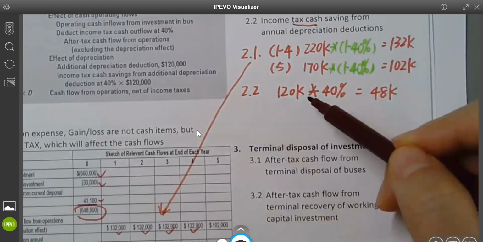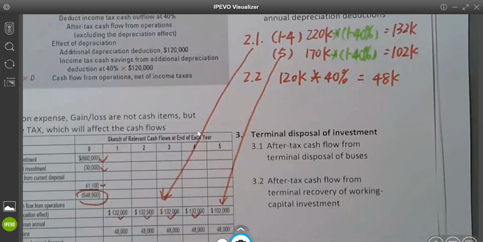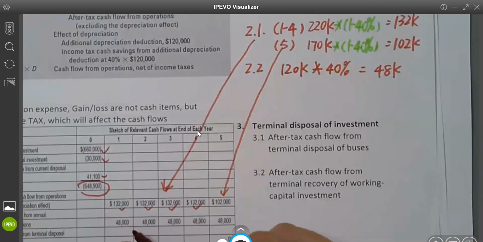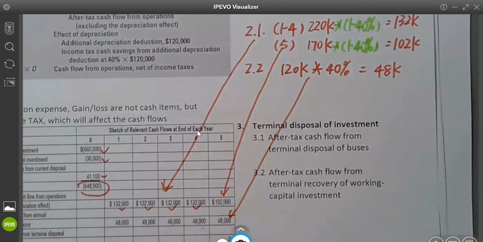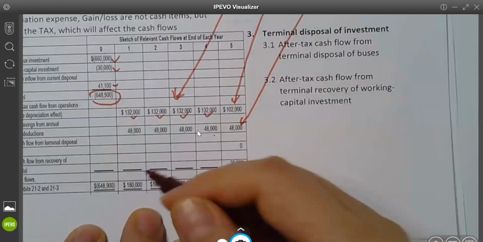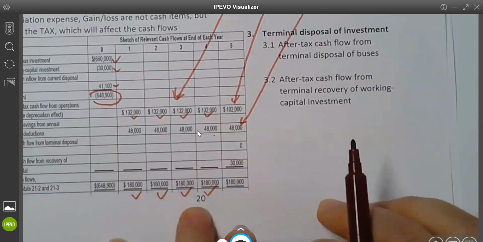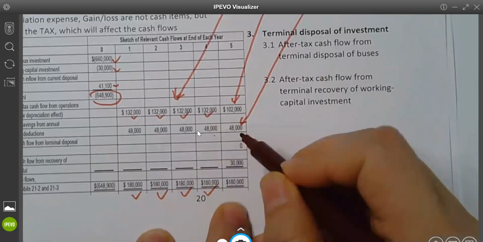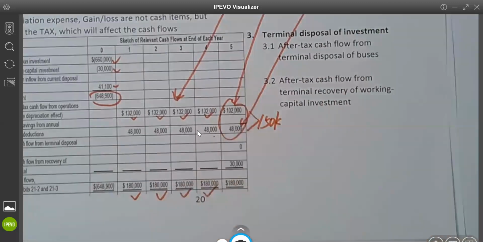Year 5, you have operation of 102,000. And you also have a tax saving from depreciation expense, 48,000. That is why you have 180, 180, 180, 180 for the first 4 years, and then 150 for the 5th year.